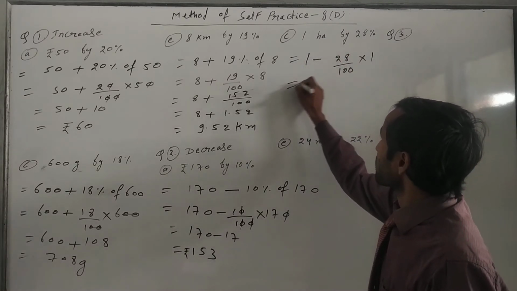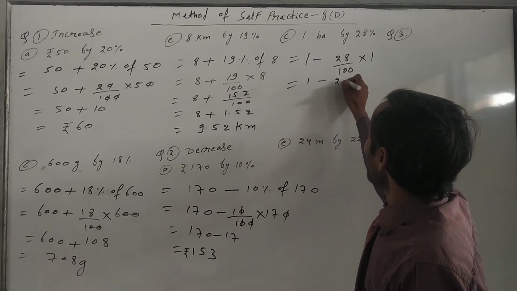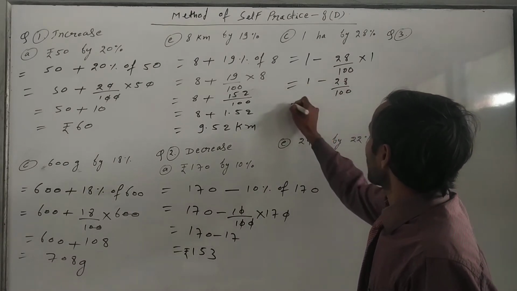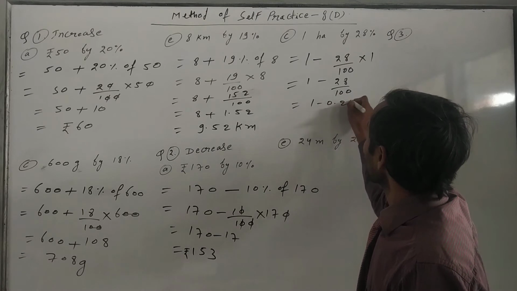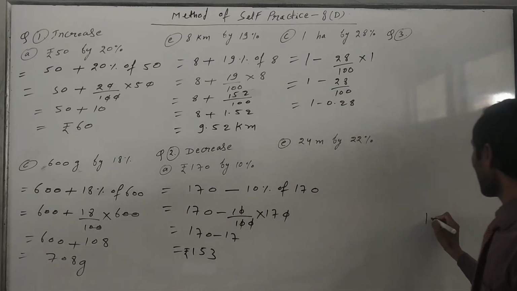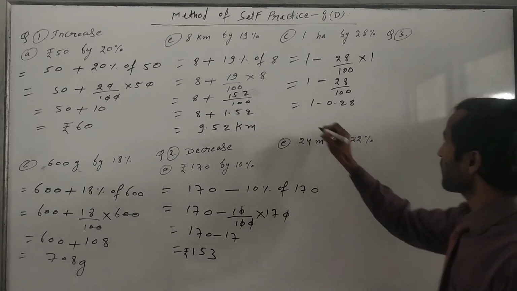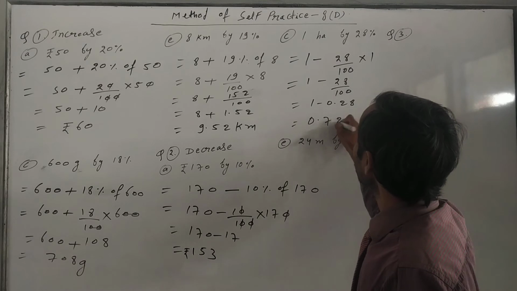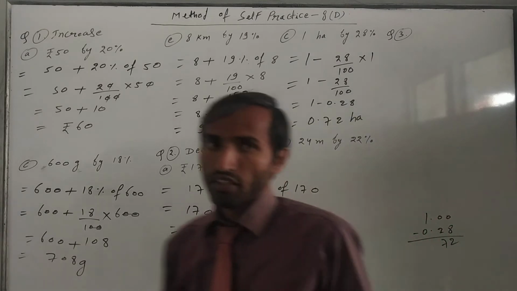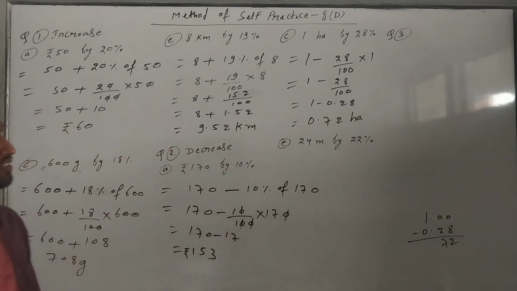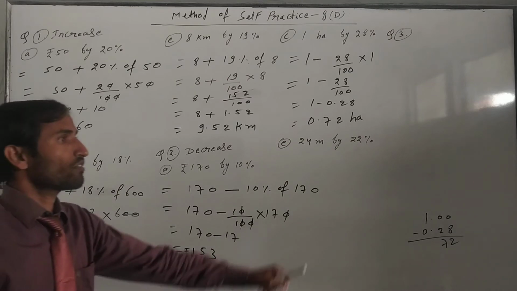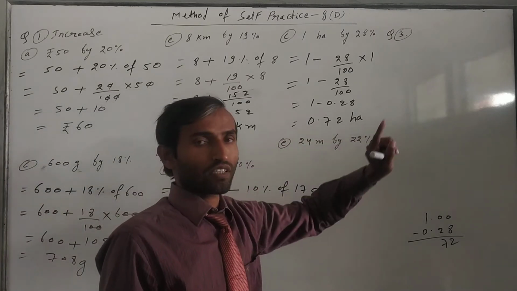So 1 minus 28 upon 100, it will come 1 minus 0.28. Now we subtract 1.00 and 0.28. Here 2 and here 7, so it will come 0.72 hectare. If we decrease 1 hectare by 28%, it will come 0.72 hectare.